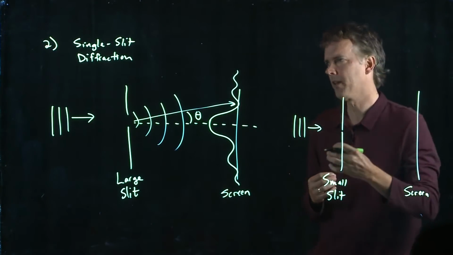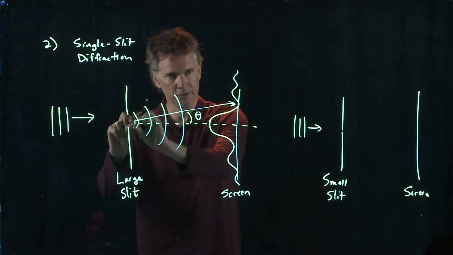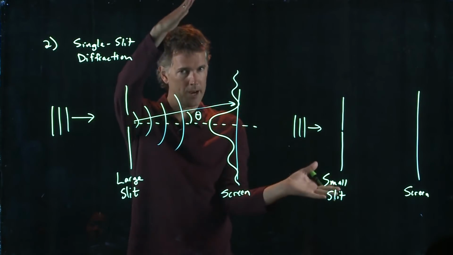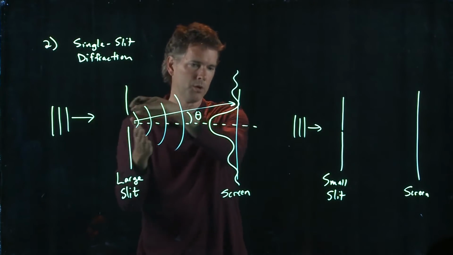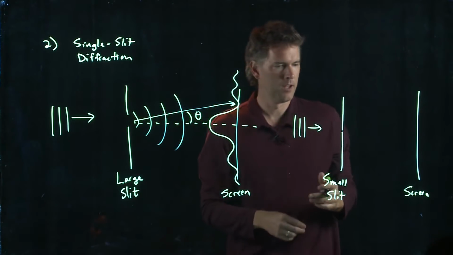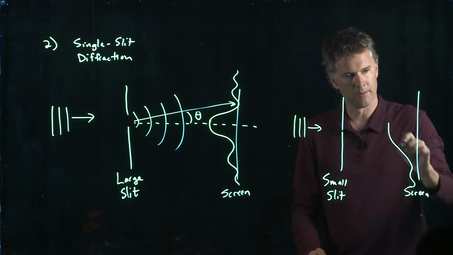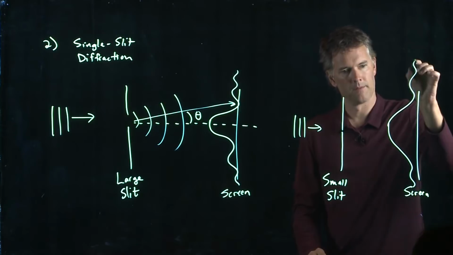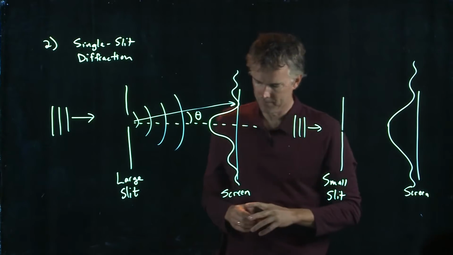Okay, and this is the weird thing about diffraction. Diffraction means if you go through a small hole, you're going to spread out much more. If you go through a big hole, you're going to spread out much less. And so in fact, the diffraction pattern is going to do this. Okay, it gets much wider over here.